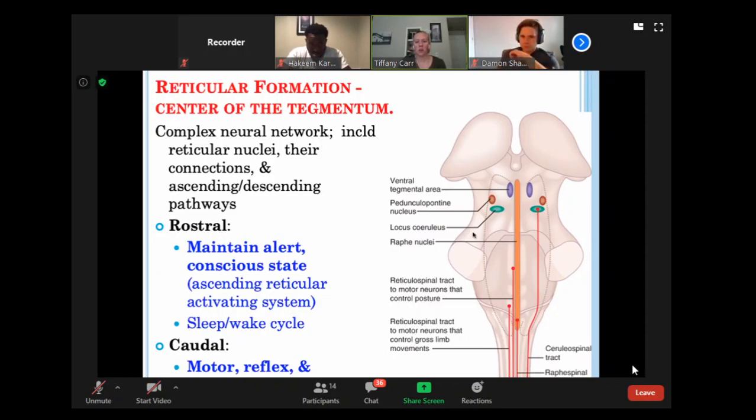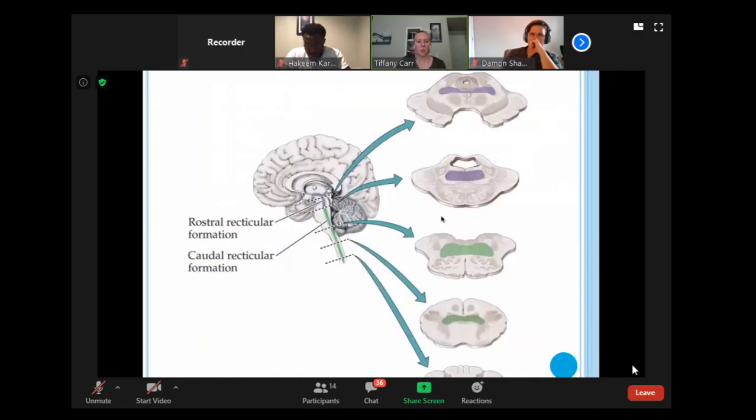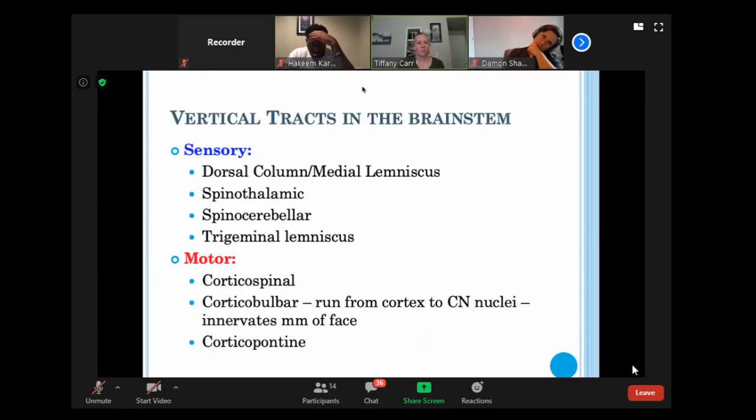The rostral portion is also going to have our sleep-wake cycles. This kind of just shows the general layout throughout the layers. So the caudal really being more the pons and below, and the rostral being the superior pons and the midbrain. All right. Move my little boxy here.